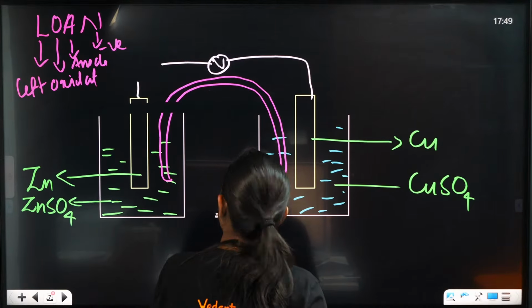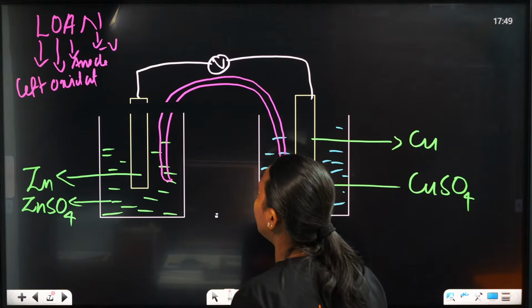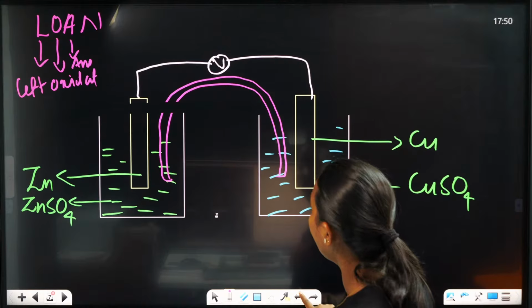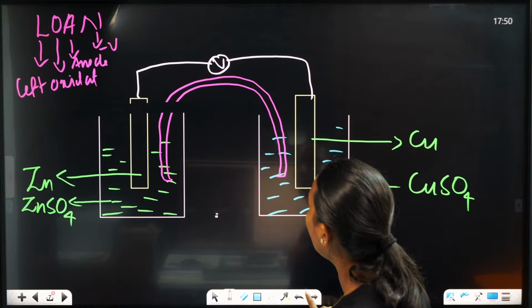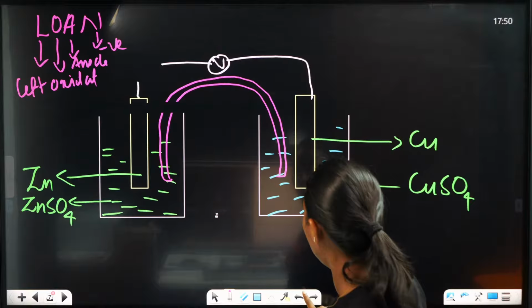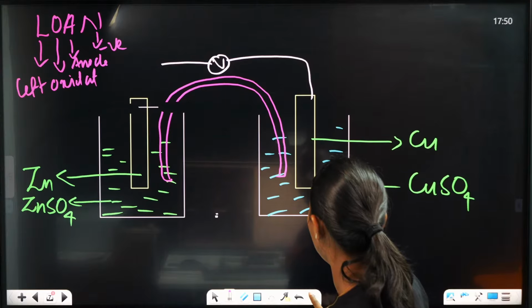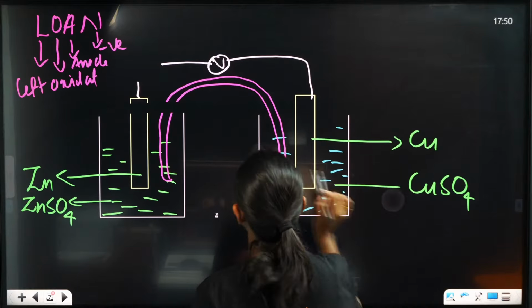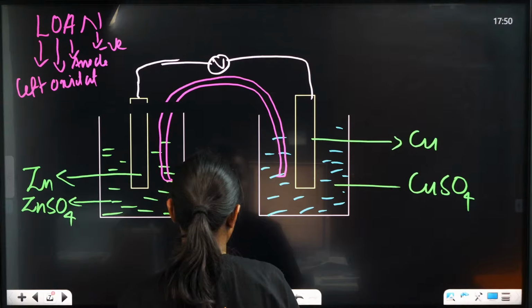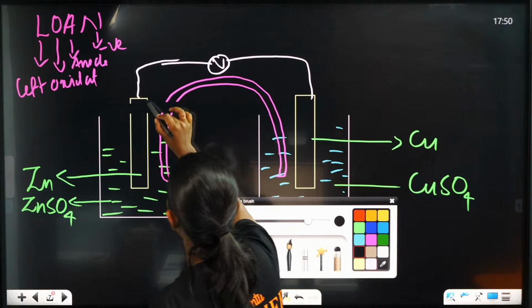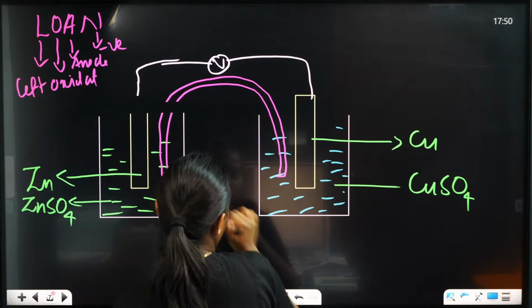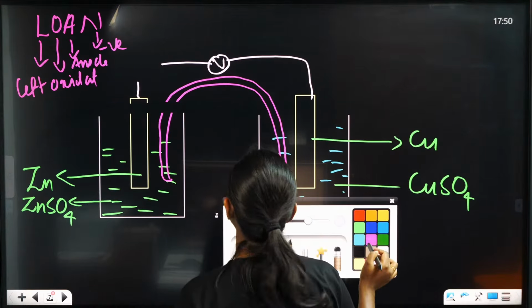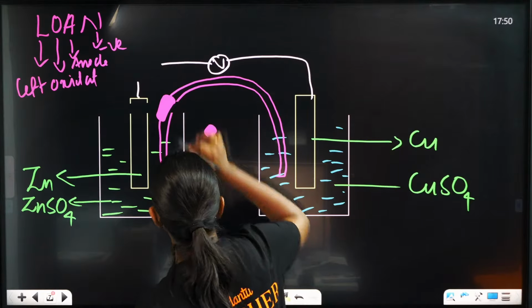This is my left side. Just the salt bridge.